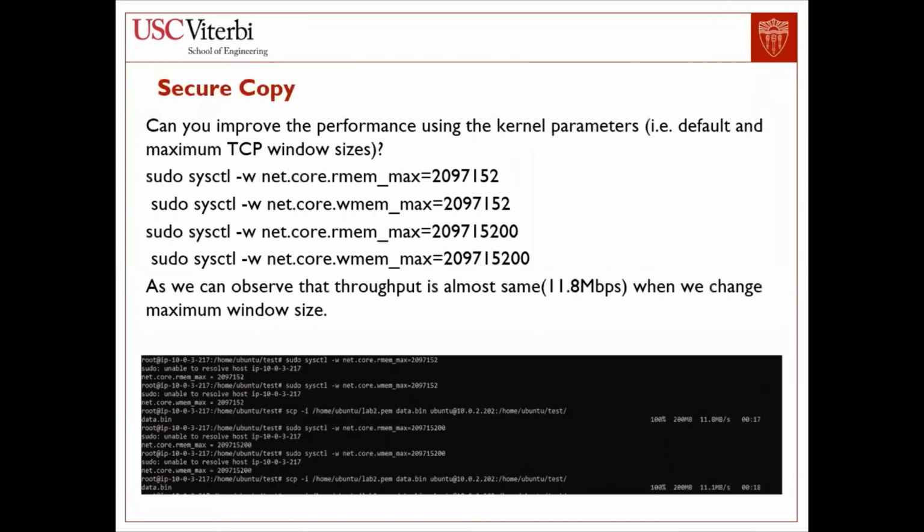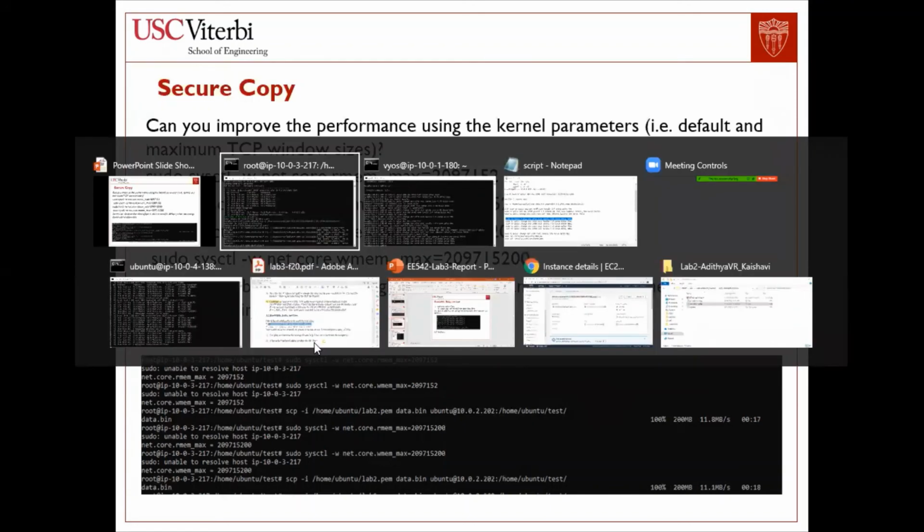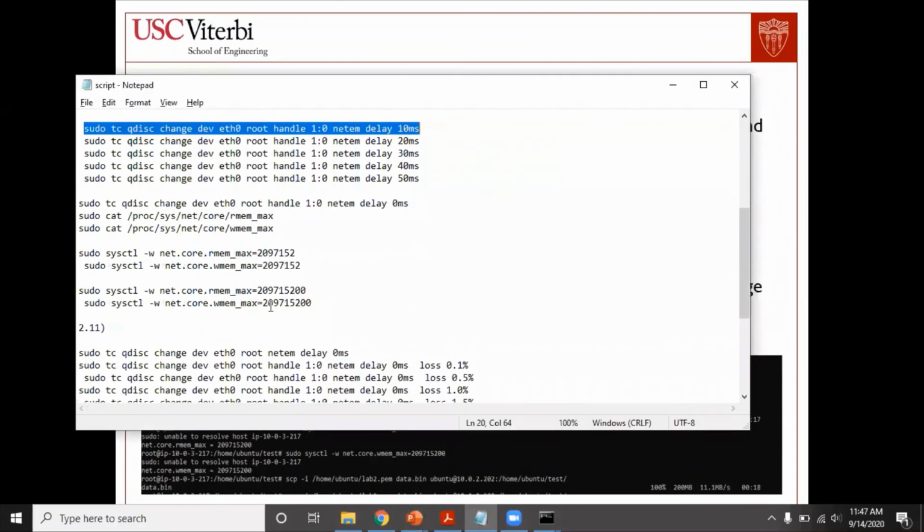Now we will see if we can change our performance by changing the maximum TCP window size. Let's change the maximum window size on both sides. Before that, we'll set our delay again to 0.